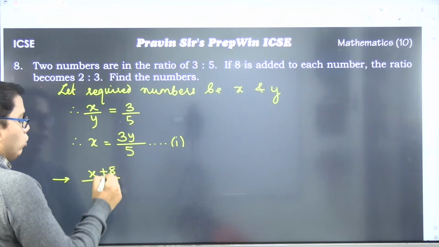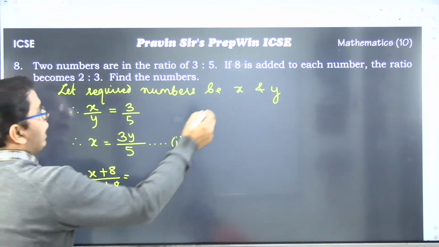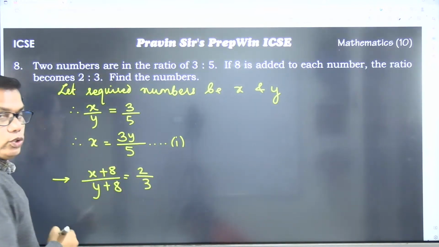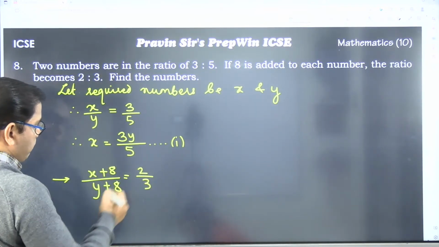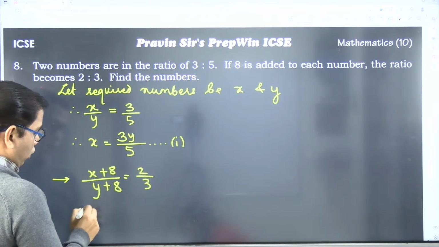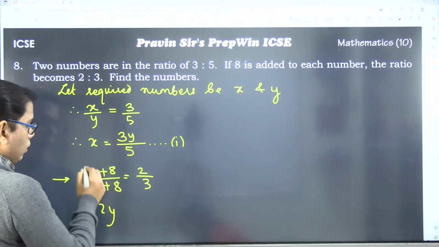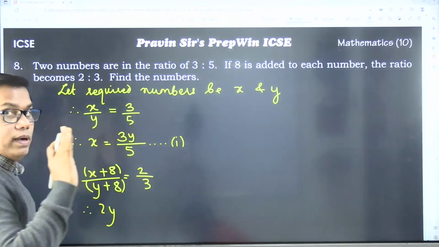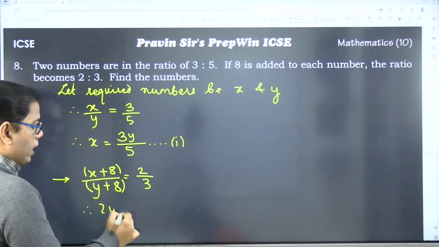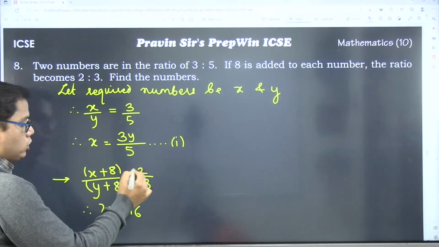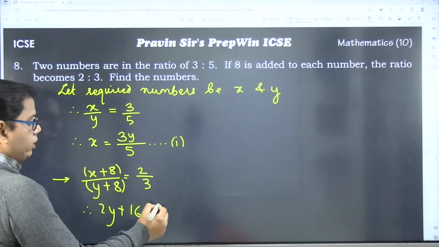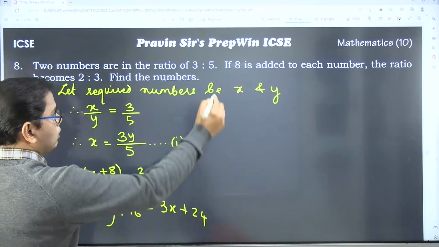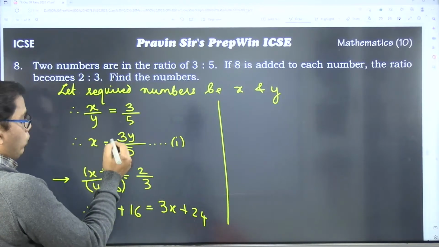If 8 is added to both x and y, my new ratio becomes 2/3. चलो इसको भी सॉल्व करते हैं, cross multiplication. Therefore 2(y + 8), put a bracket, because there are two numbers, you have to multiply both. If you multiply only one, you will go wrong. 2y plus 16, 2 into y is 2y, 8 into 2 is 16, 3 into x is 3x, plus 8 into 3 is 24.